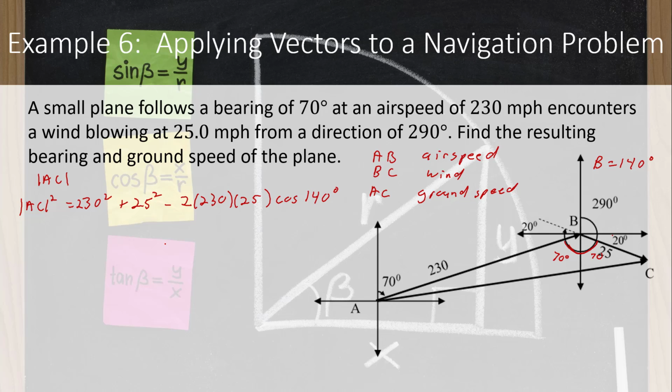And that will give you a value of 62,334.5111 miles per hour squared. If you take the square root of that, you will have the magnitude of the vector. That's what we're looking for, and that will give us 249.66 miles per hour.